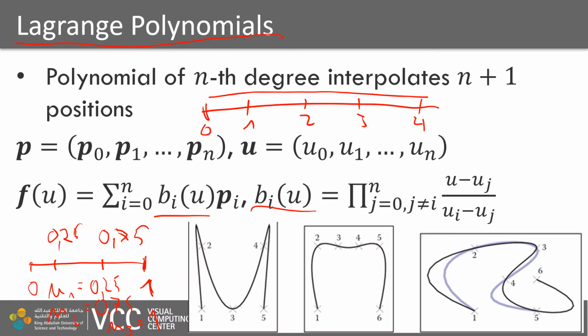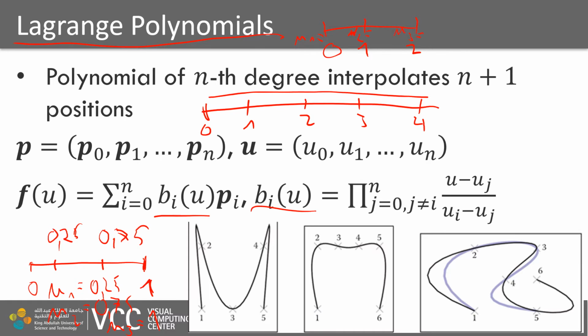So let's have a look at what these Lagrange polynomials are about. For example, with 3 points 0, 1, 2, we will have u1 equal to 0, u2 equal to 1, and u3 equal to 2.